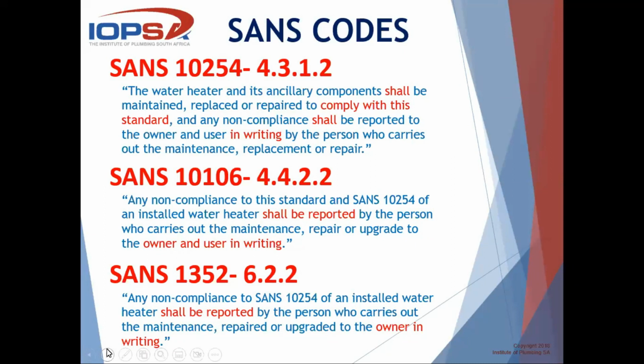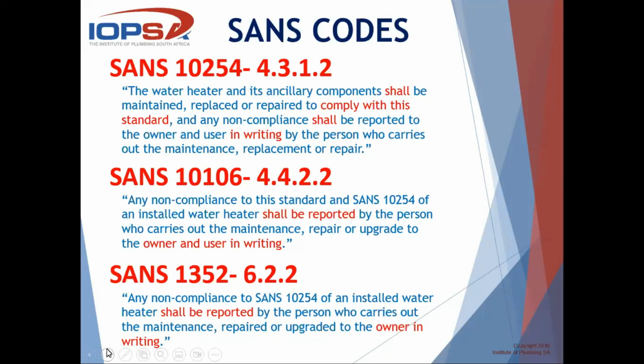Basically the same in terms of the solar, 10106. Again, it says non-compliances to the standard, the water heater shall be reported by the person, and exactly the same with the heat pump installation, where it also says non-compliances shall be reported. So there is a specific instruction in terms of this towards the plumber.